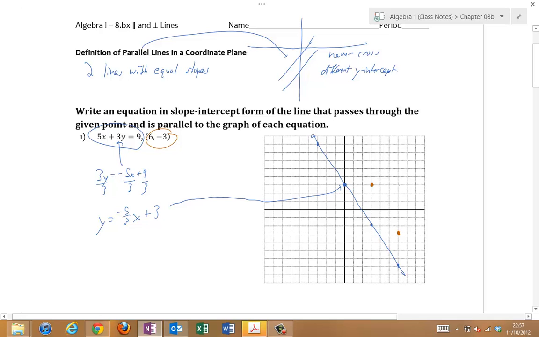I could go down 5, right 3. Then I have enough for up 5 and left 3 again. And as I can kind of see here, connect these probably with a straight edge a little better than I am, and those will never, ever cross. So that's the basis behind parallel lines.